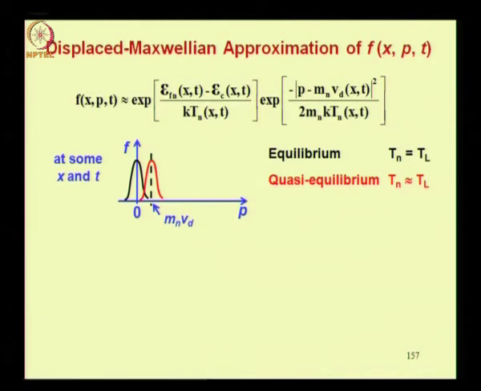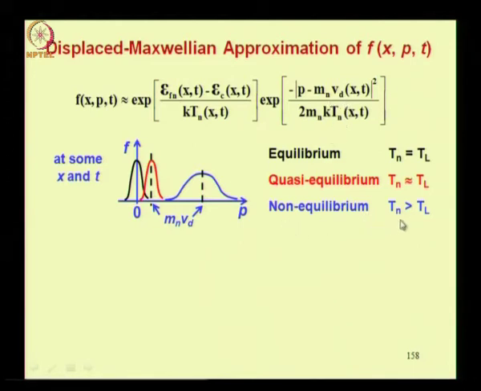How do we accommodate that effect? In terms of the curve, a large deviation from equilibrium is reflected in spreading of the curve, right. So here the peak is sharp, but under non-equilibrium the peak is broad. So more and more carriers are taking up momenta on either side of the average value. Now this effect is captured by changing the quantity Tn.